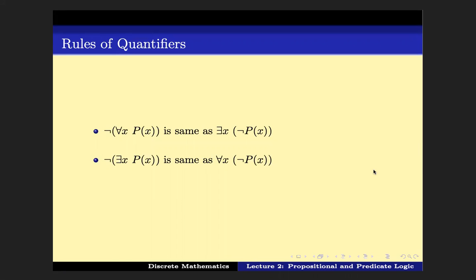Now that English sentence can be a plain English sentence, it can be a theorem, it can be a mathematical statement from something, but I ask what is the negation of this? So if not, then what? How can you write it? Now this is very important.